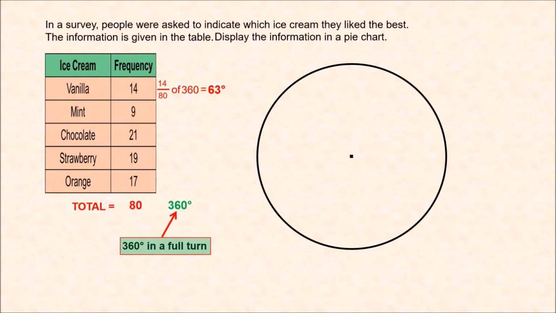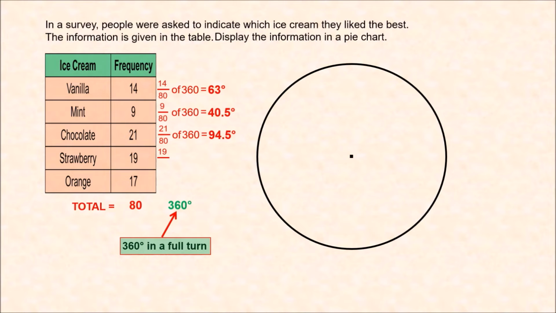Same thing with mint. 9 people chose mint out of 80. So 9 divided by 80 times 360, that would be 40.5 degrees. For the chocolate, 21 people out of 80, so 21 over 80 times 360, that will give you 94.5 degrees.